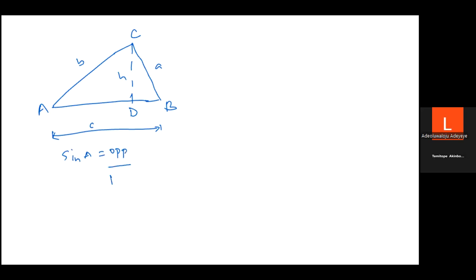So sine A equals, the opposite is H now, the hypotenuse is b. So that implies that H equals b sine A. I don't know what is wrong with this service, it is just tripping up.